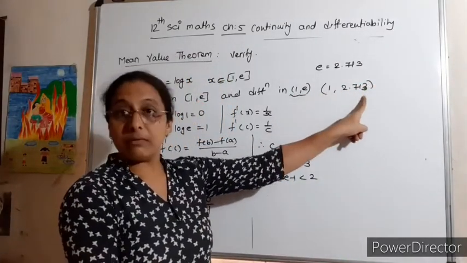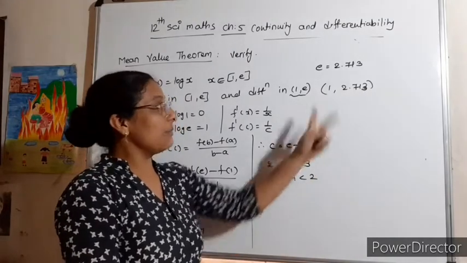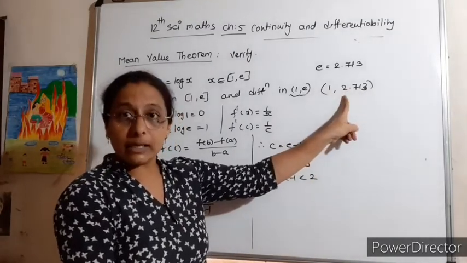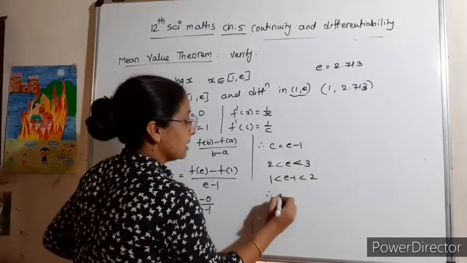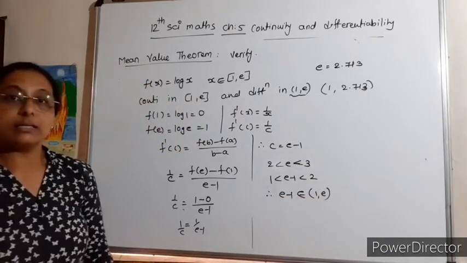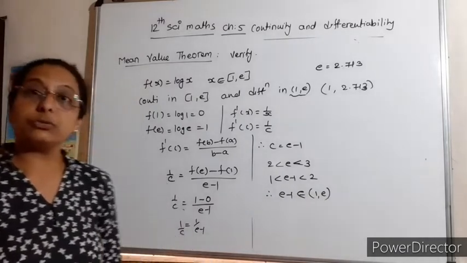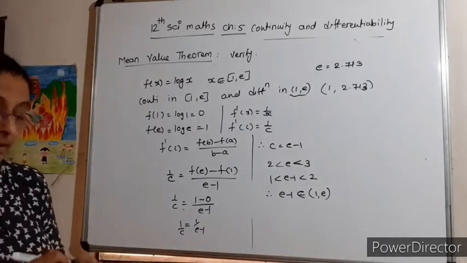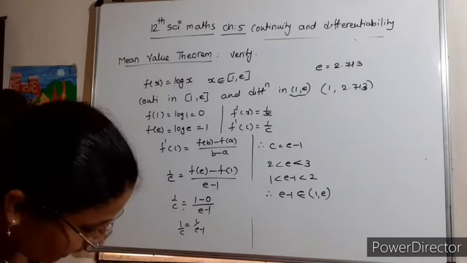So it lies between 1 and 2, so will it be in it or not? Yes. So we can say that e minus 1 belongs to 1 and e. So the value of c is in 1 to e. You understand how to do this sum? Yes.